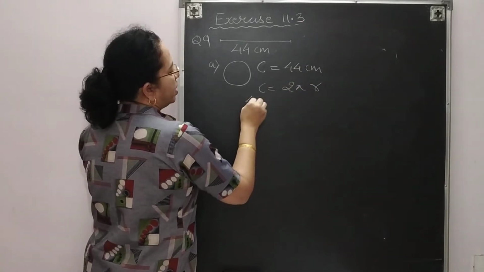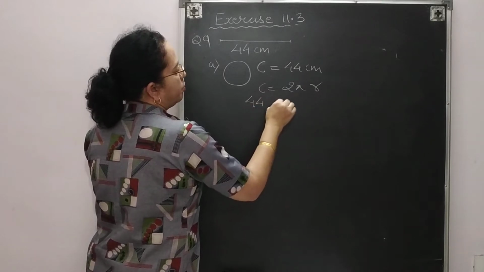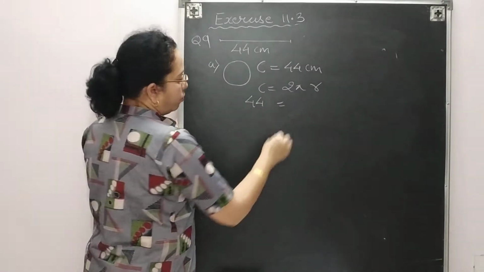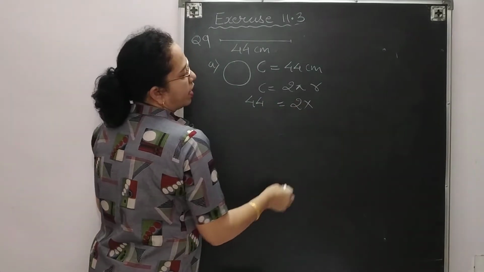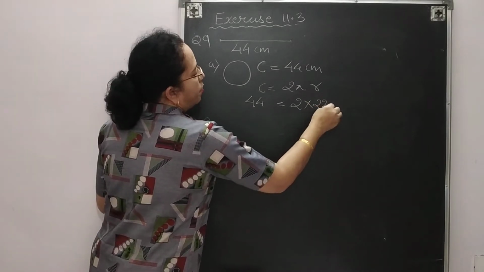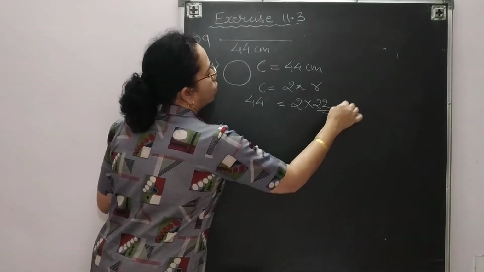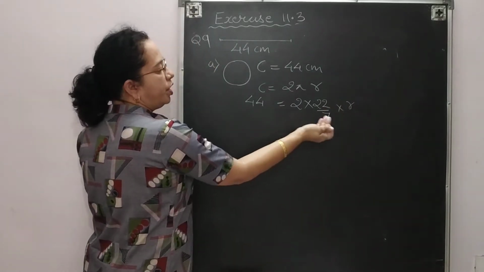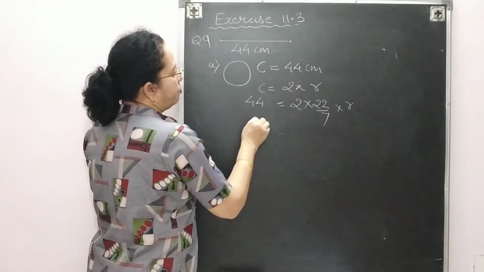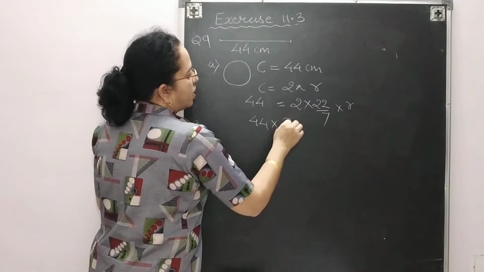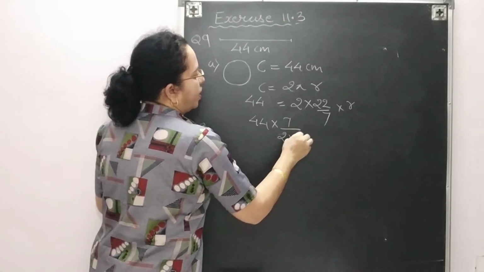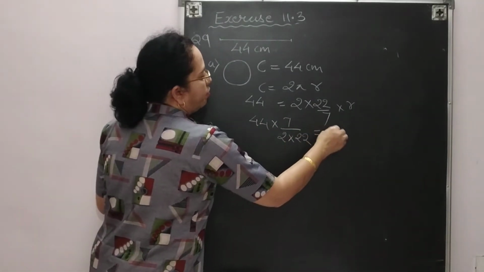So the value of C is given as 44 centimeter. For pi, again we need to write 22 by 7, because this 44 is divisible by 22, into r. Shift this 2 into 22 by 7 to the left hand side. So 7 will come in the numerator, and 2 and 22 will come in the denominator.